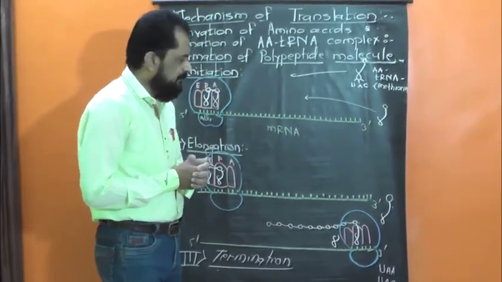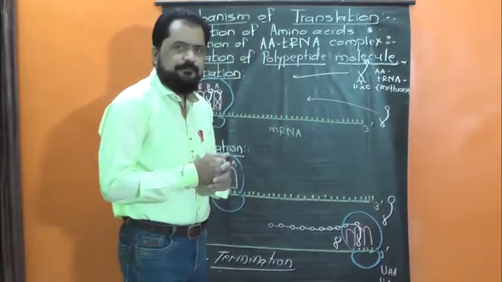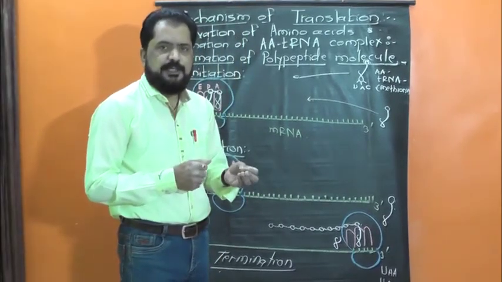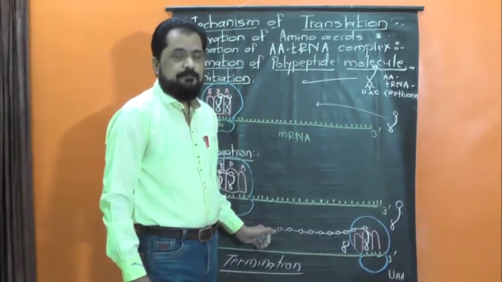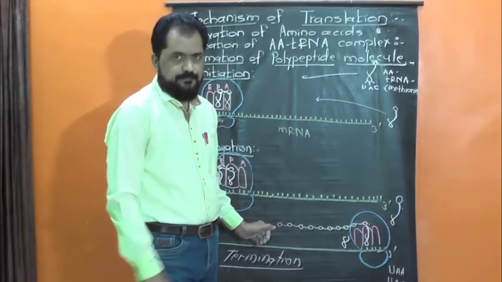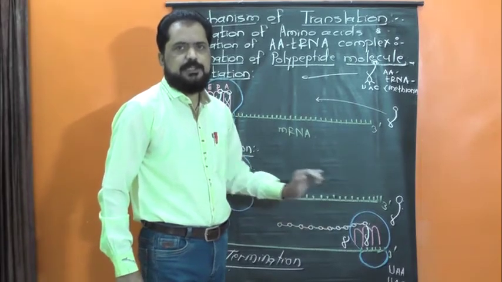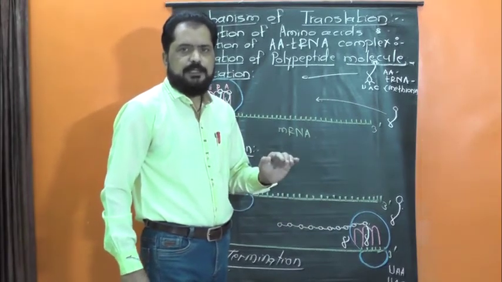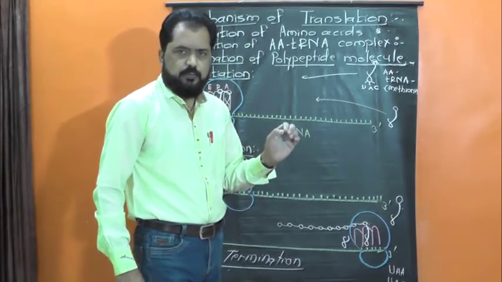Now, after becoming free, the mRNA gets degenerated quickly by the influence of enzyme nuclease, because mRNA is short-lived. So, immediately after the end of process of translation, the mRNA is degenerated by the influence of enzyme nuclease.